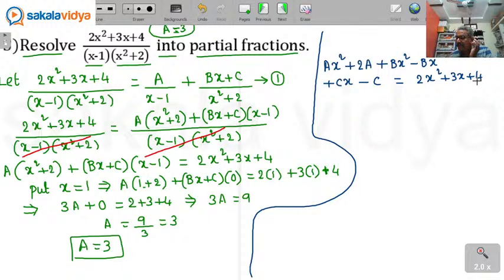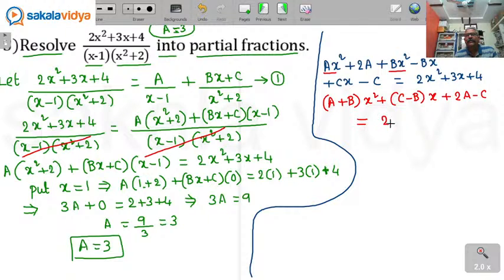Clear? It's clear. So now we need to take from ax square plus bx square, take x square common. From minus bx and cx, take x common, and 2a minus c is the constant. Separate the terms. So we get like this: a plus b times x square, plus c minus b times x, plus 2a minus c equals 2x square plus 3x plus 4.